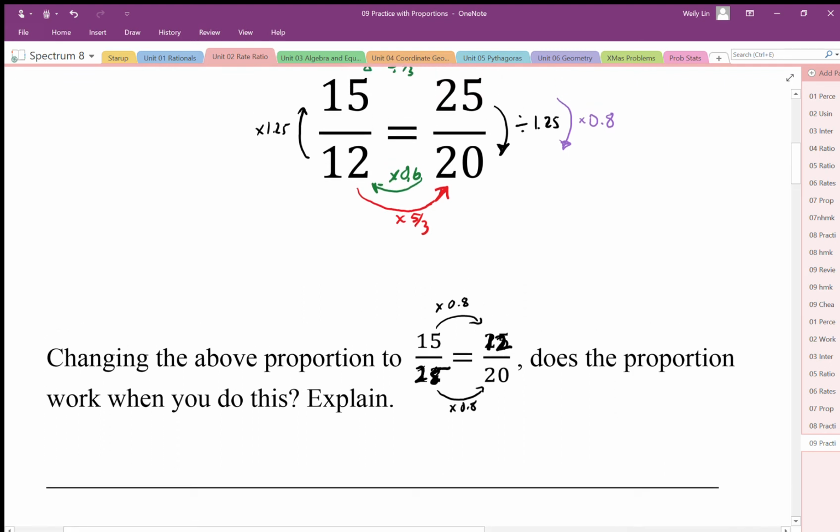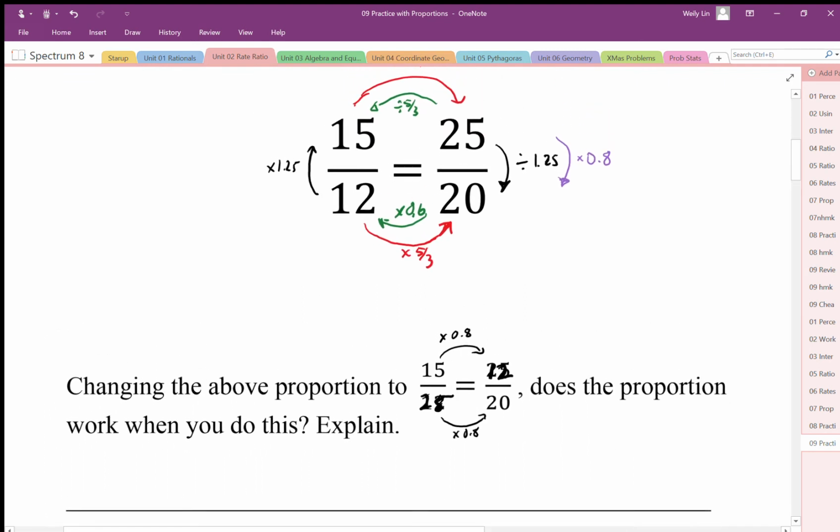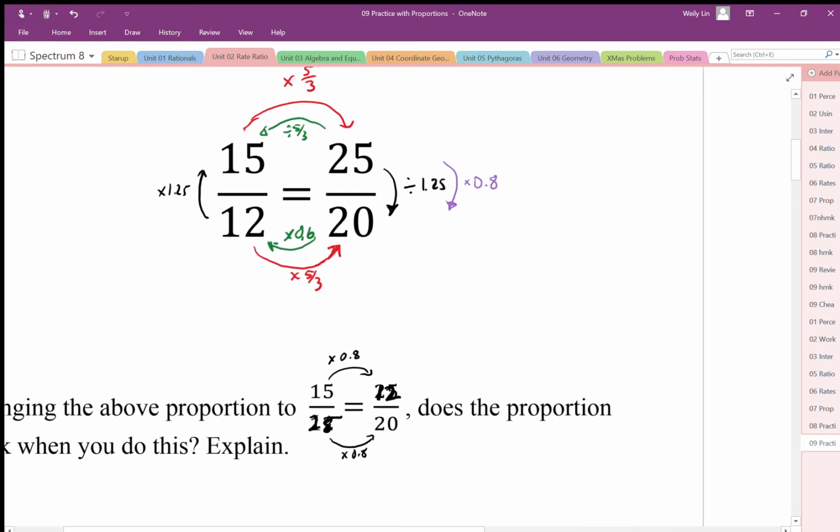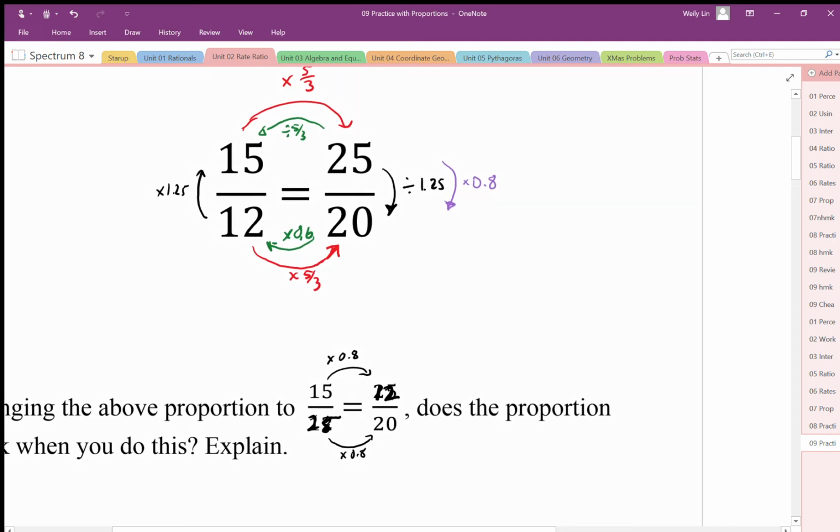This is the one thing I want you guys to start understanding about the proportional relationship, is that we can rotate this. If I take these same numbers and rotate them around clockwise, I'm just going to put my equation in here.